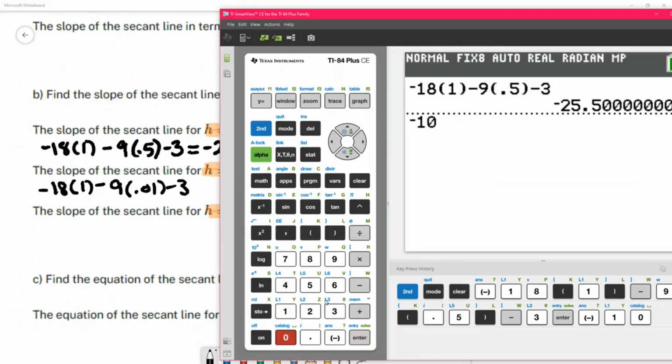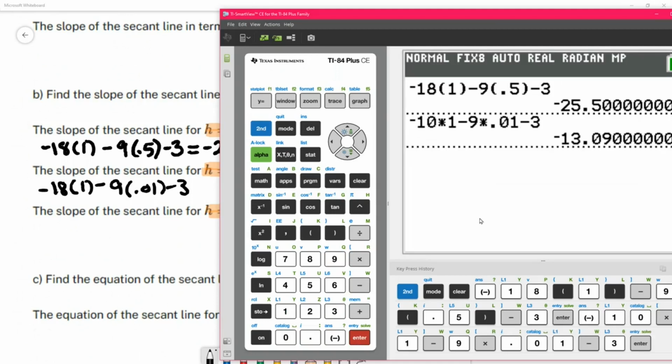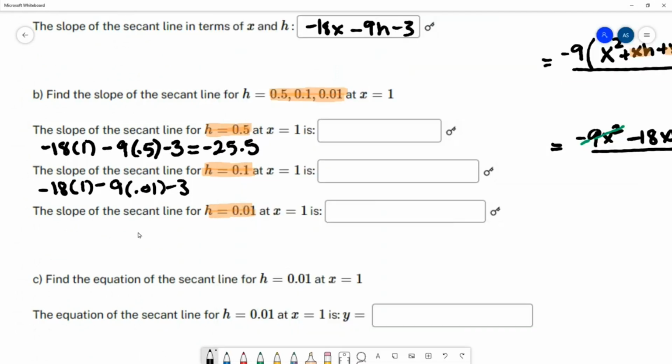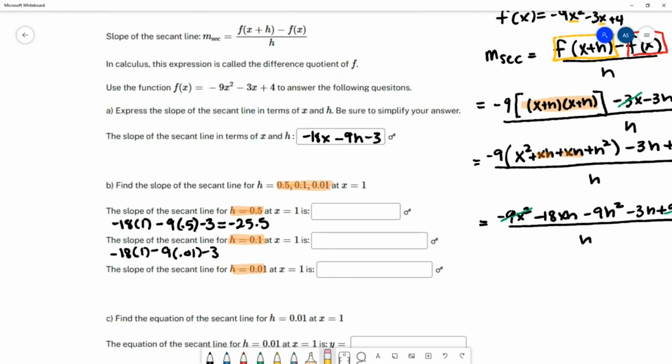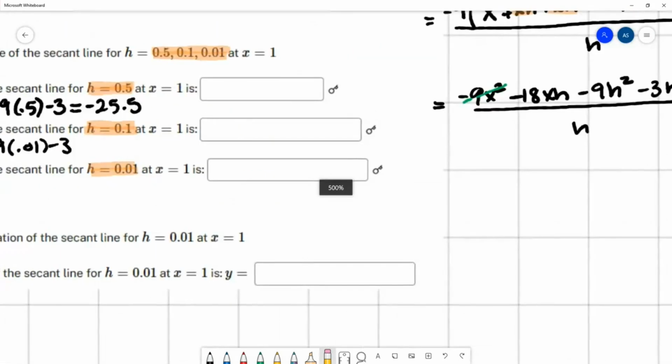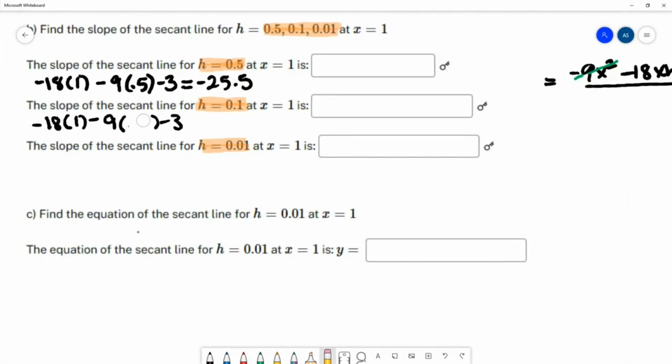Negative 18 times 1 minus 9 times 0.01 minus 3, and that gives us negative 13.09. And I apologize, I think I wrote 0.01 instead of 0.1. So let's correct that, 0.1.